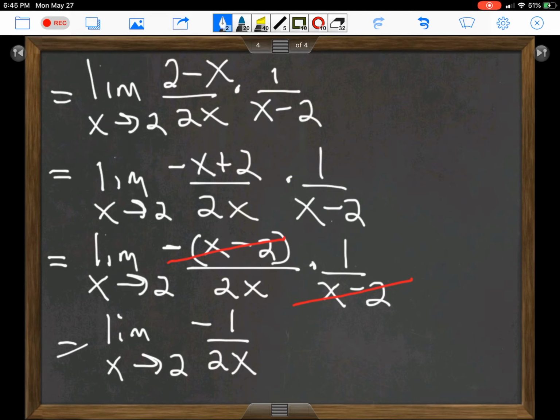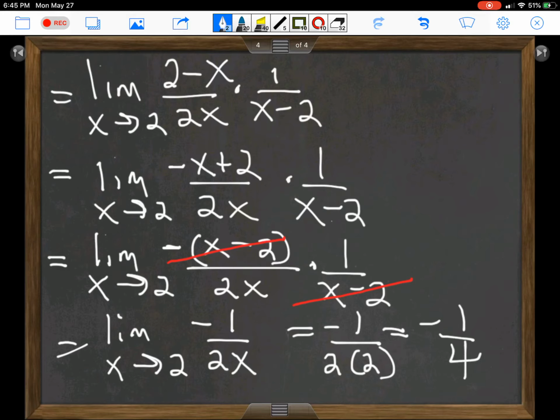Now I can substitute. Equals minus 1 divided by 2 times 2. Notice that when I did direct substitution, I did not continue to write the limit. Equals minus 1 over 4. And that's it, everybody. That's a very nice technique to use with these problems, and they work all the time.